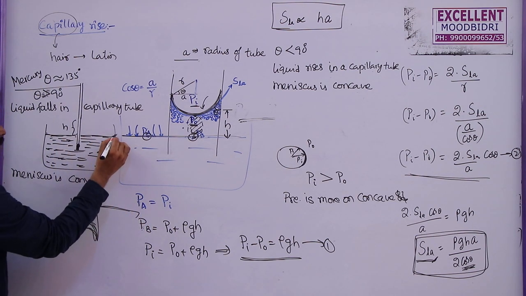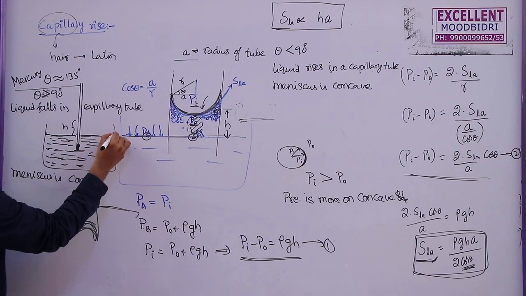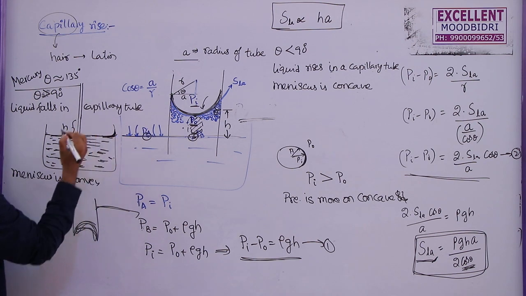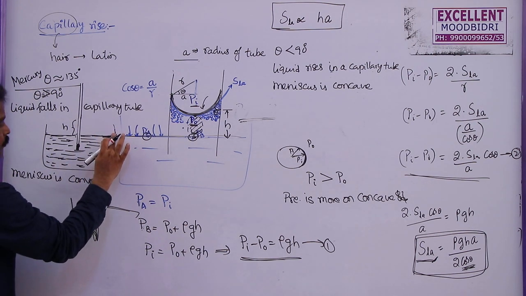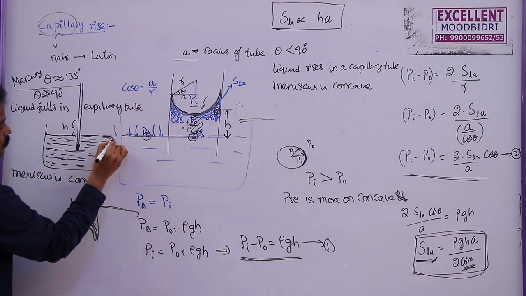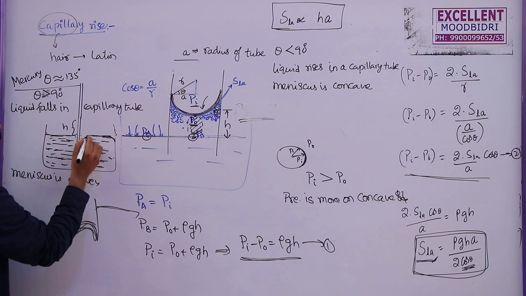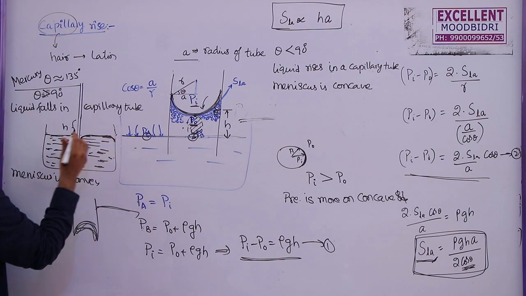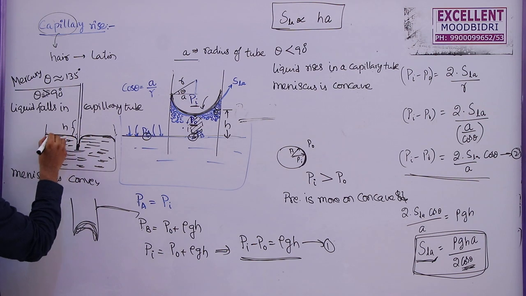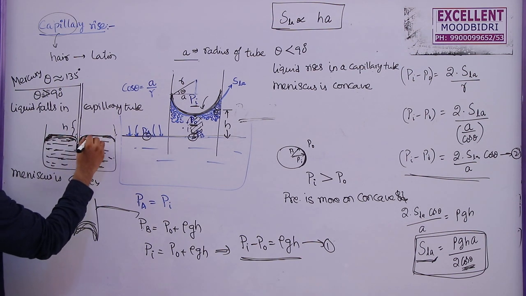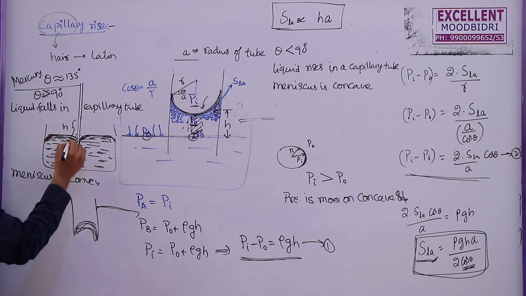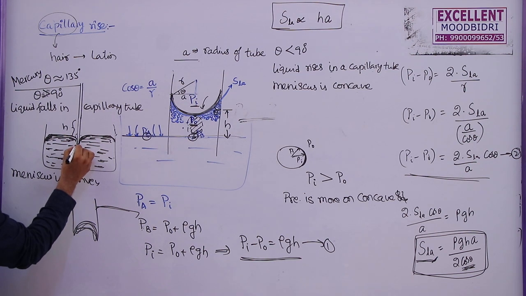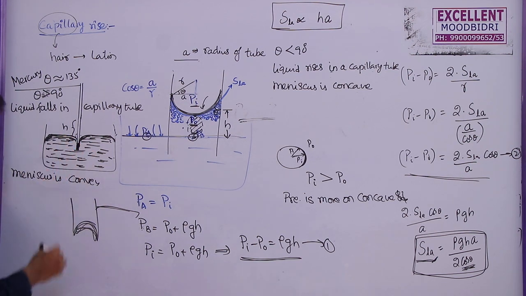Even here for water, this will be the surface nature here. This is the shape of the liquid here for water. If it is mercury, this will come in this direction. So this will go down like this. So this is a convex shape. It will get a convex shape in the tube.